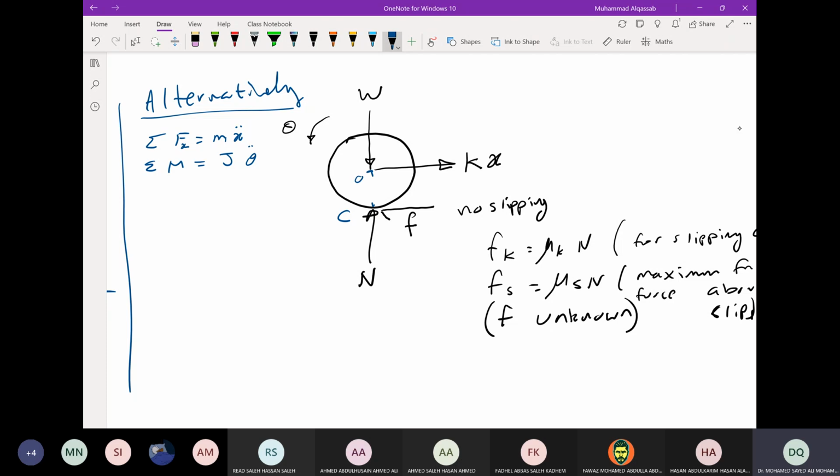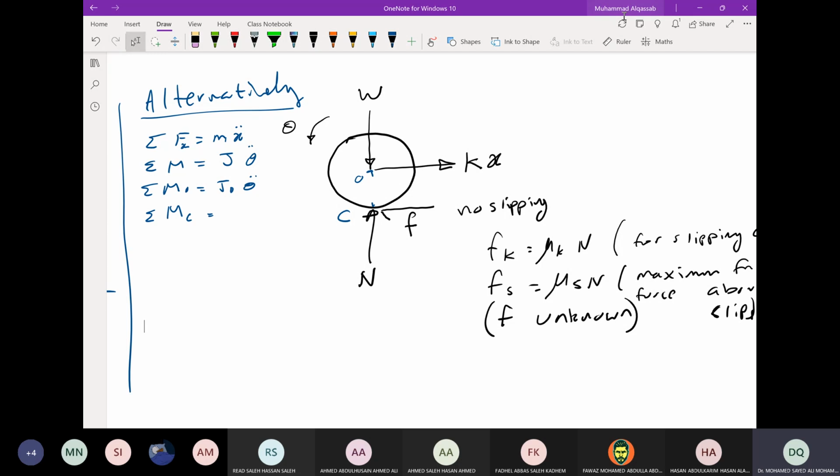Let's call this point O. If you choose O, then this will be sum of moments about O equal to JO theta double dot. Or you can choose point C, so the sum of moments about point C equals JC theta double dot.